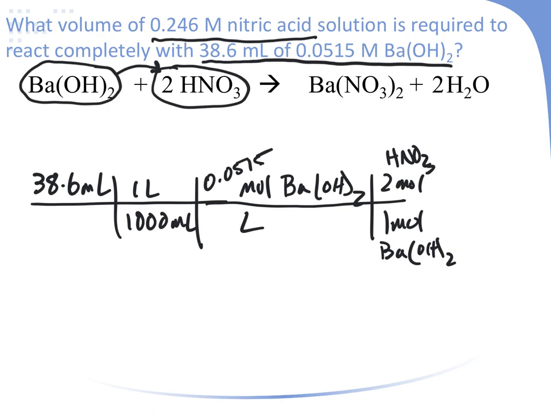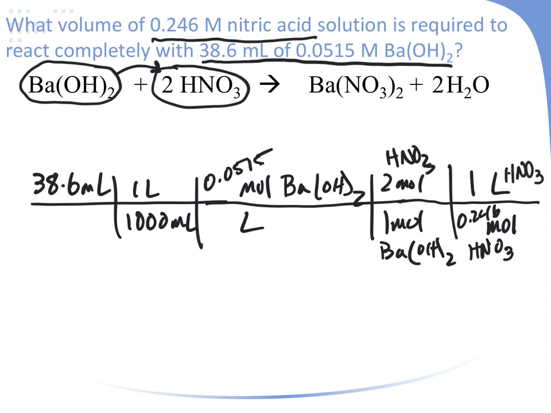What they're asking for is the volume of the nitric acid. So what I want to do is use my molarity from there. So my molarity is the number of moles per liter, 1 liter. My moles of my nitric acid is going to be 0.246. Sorry about the small stuff, guys. Of HNO3, 1 liter HNO3.